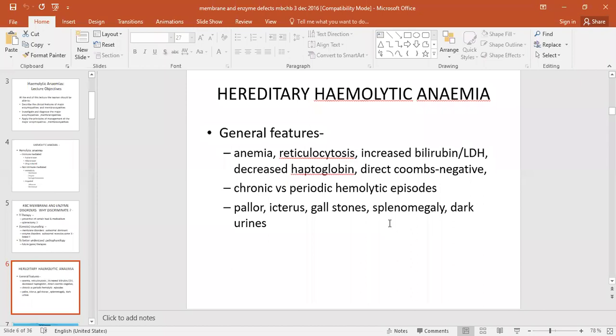I did mention that splenomegaly is a major presentation, and so these are children that would have distended abdomens or patients with enlarged spleens, and so the abdomen may be distended, and then there may be dark urine, and of course stools may also change in color.